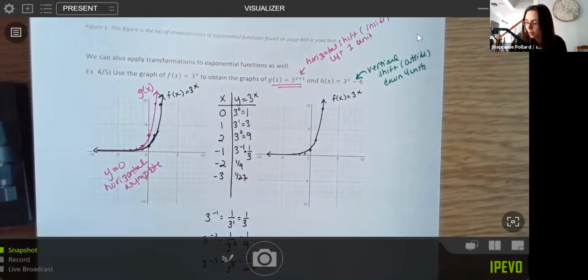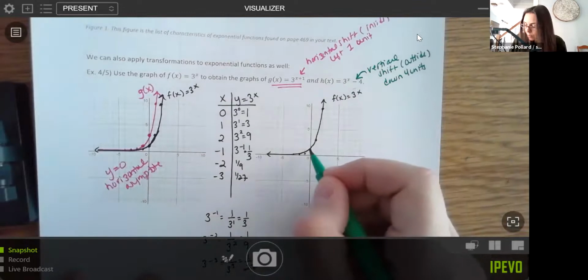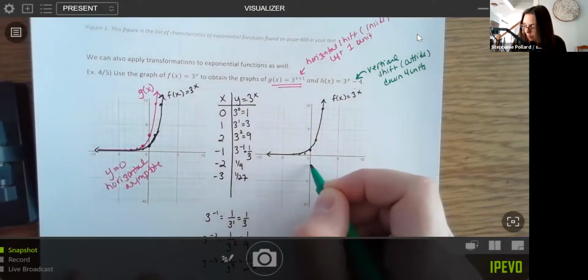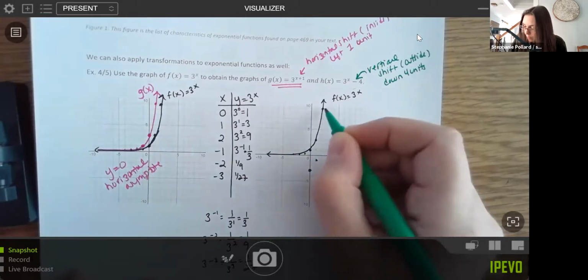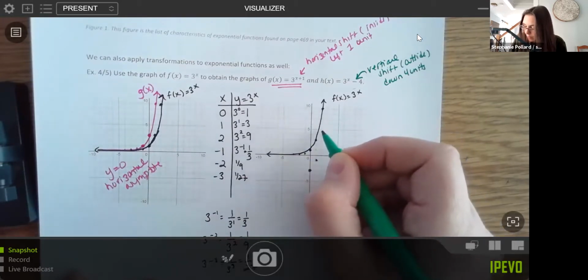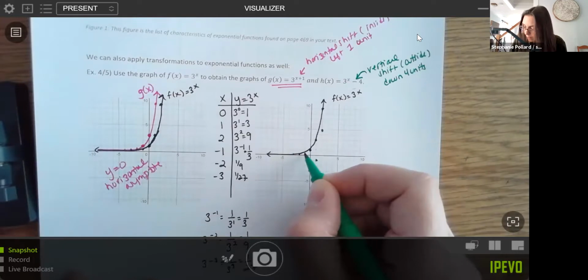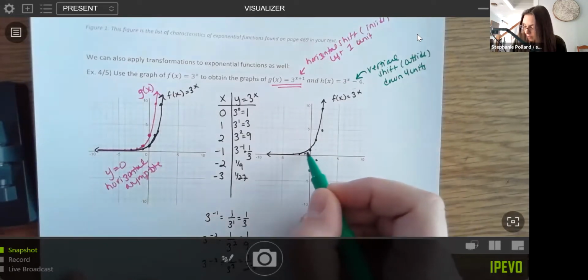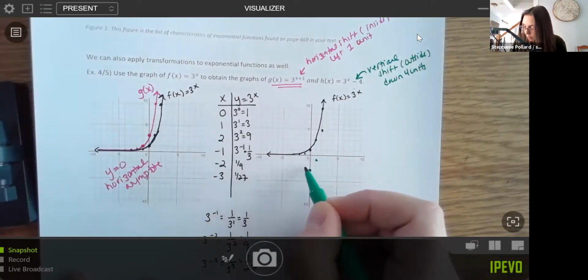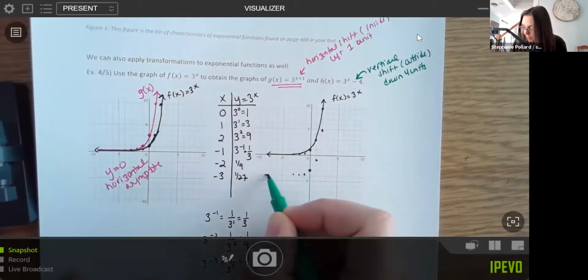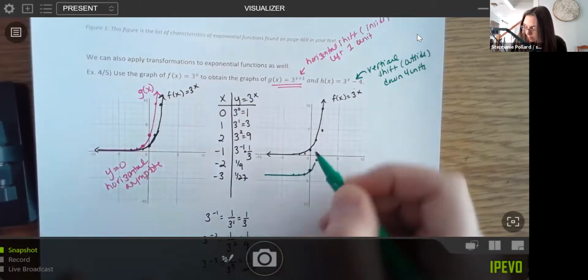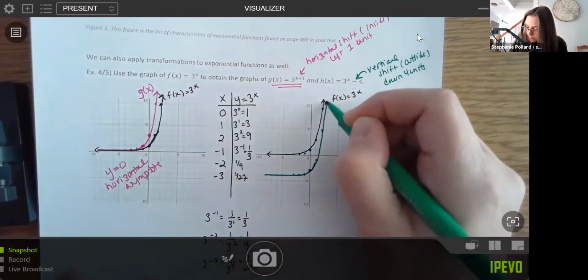So here, I'm going to take all my points and shift them down 4. So 1, 2, 3, 4, 1, 2, 3, 4, 1, 2, 3, 4. All right, the fraction ones are a little bit hard, so just be careful. 1, 2, 3, 4, and then these will be like this. So your graph is looking like this.